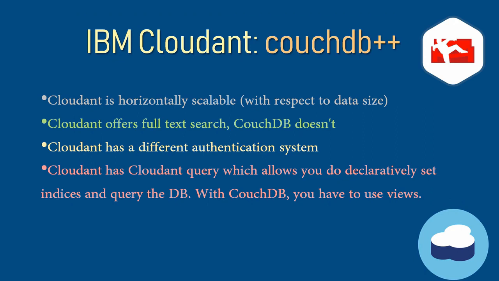Cloudant has Cloudant Query, which allows you to declaratively set indices and query the database. Whereas in CouchDB, there is nothing like a declarative query, where you could not actually set indices or query on the database. You have to use views in the case of CouchDB.